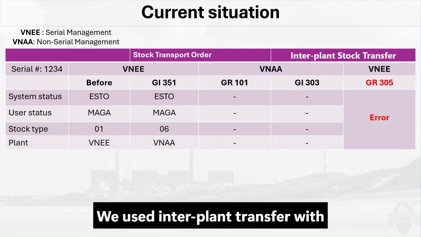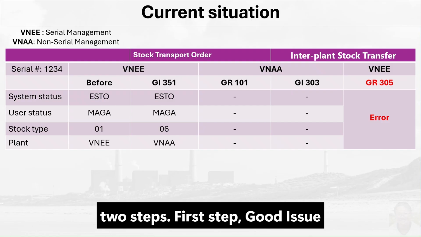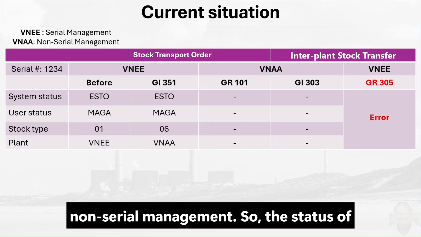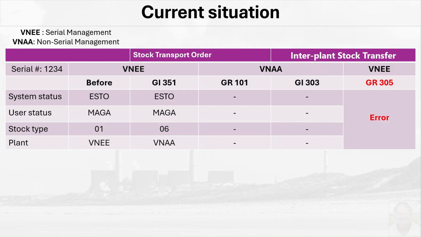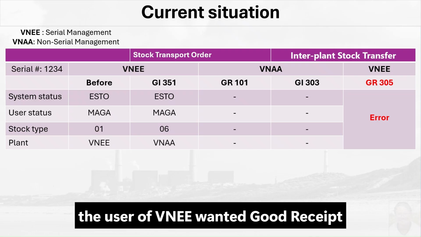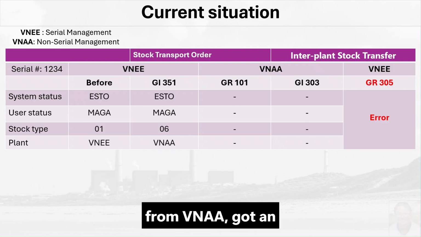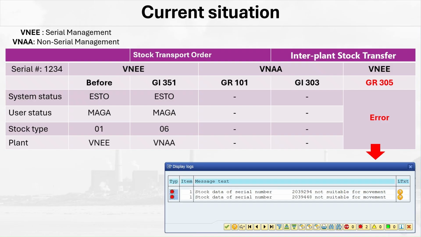That means using interplan stock transfer with two steps. First step, goods issue with 303, and because VNAA is non-serial management, the status of the serial is not changed. And when the user of VNEE wants to receive from VNAA, it gets an error like this.